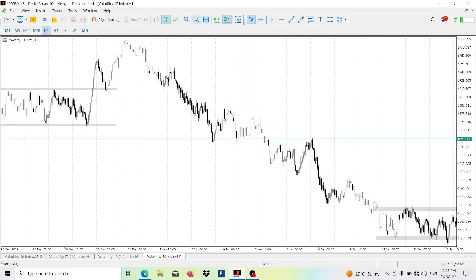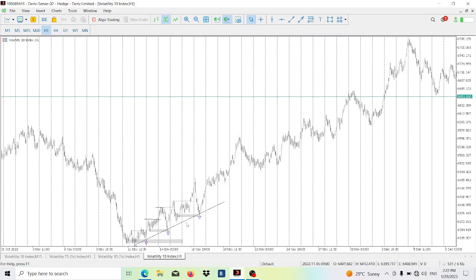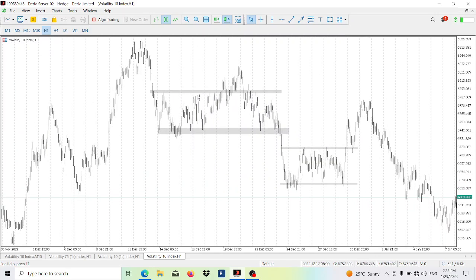We have an uptrend, which is this side. We have a consolidation, mind you, on a larger scale. This is our consolidation zone on a larger scale.